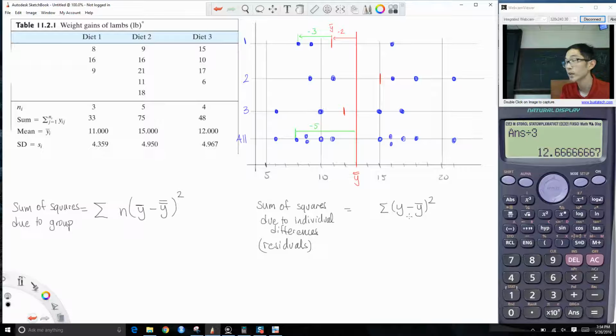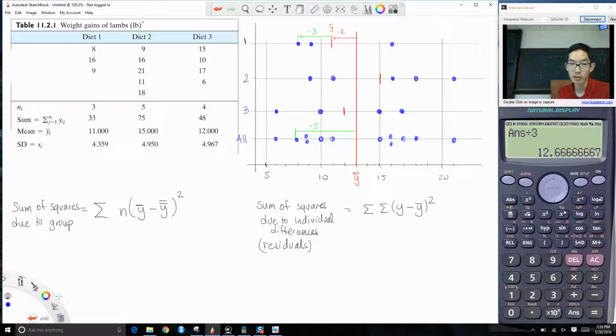And then if I did it for all of the data points in here, I would still have to do it for all of the groups. So this is the difference between each data point and its group mean. We're going to square that difference, and we're going to add that for all of the data points within a group and do it for all of the groups.